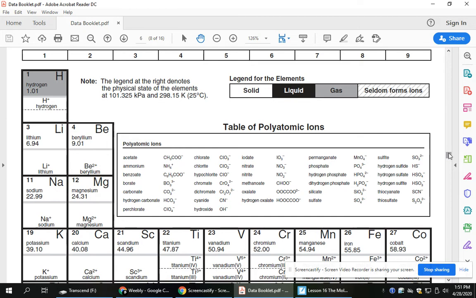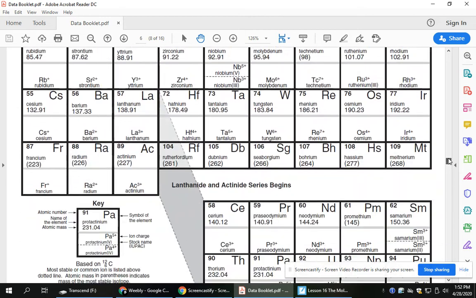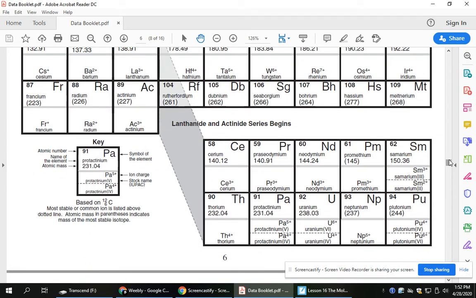Lithium is 6.94. Beryllium 9.01. What these are, if you scroll down a little bit and you look at the key at the bottom, is these are going to be the atomic mass. That means that is the mass in grams of one atom of whatever you're working with, or one mole of whatever you're working with.